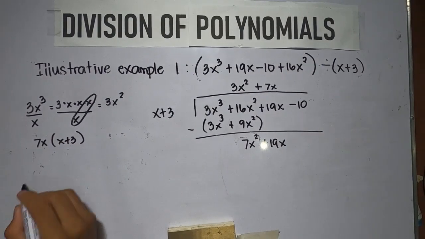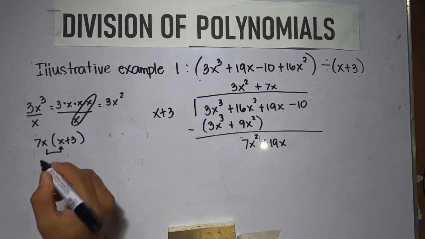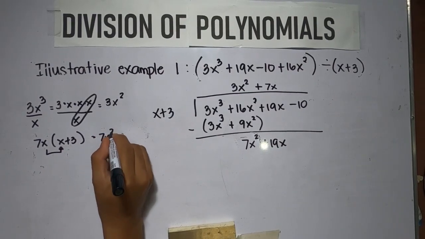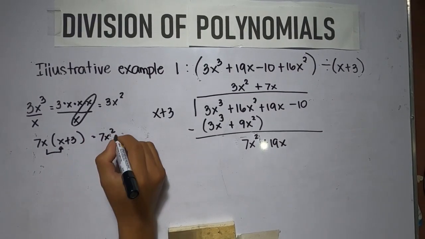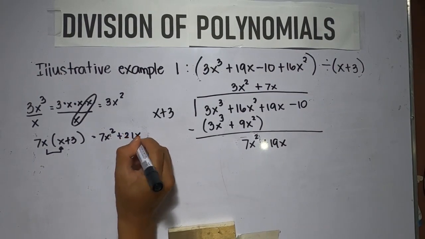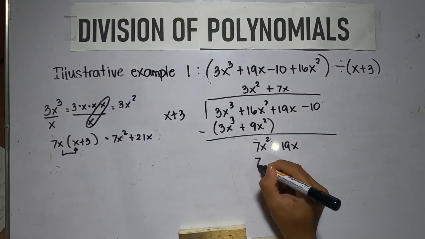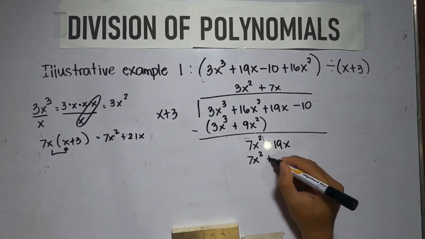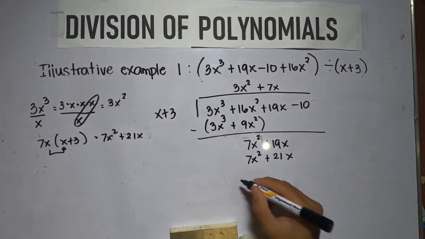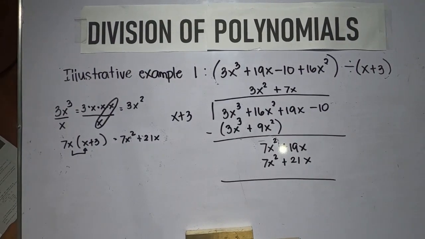By distributive property, 7x times x is 7x squared. 7x times 3 is positive 21x. Then, write again the result: 7x squared plus 21x. What will be done next?